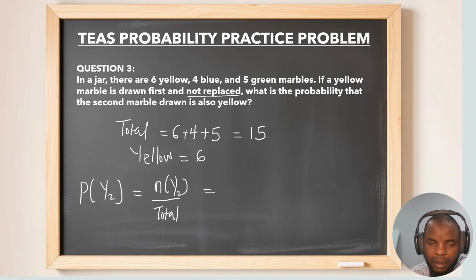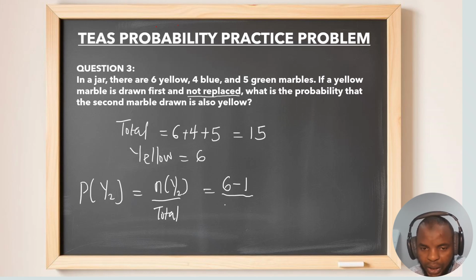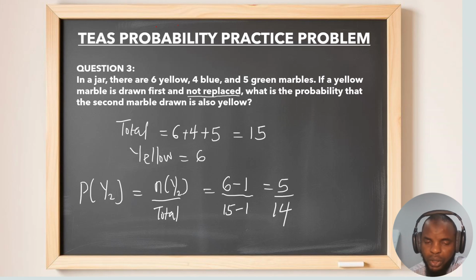Since the first yellow marble drawn was not replaced, the number of yellow is going to be 6 minus 1, which is 5. Our total was initially 15. The first marble was drawn and not replaced, so the total also decreases by 1. So here we have 5 over 14.